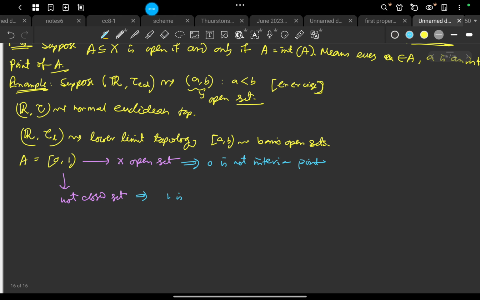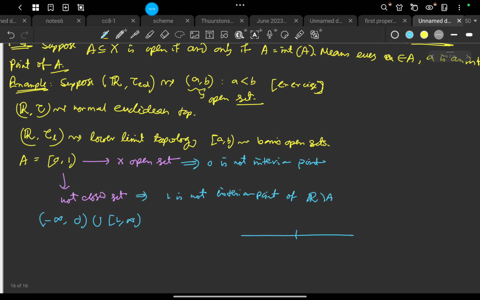Because 1 is not an interior point of the complement. It's better to write it as R minus A, because there may be some notational ambiguity. Once you consider R minus A, it will be nothing but (−∞, 0) union [1, ∞). So 1 is not an interior point.